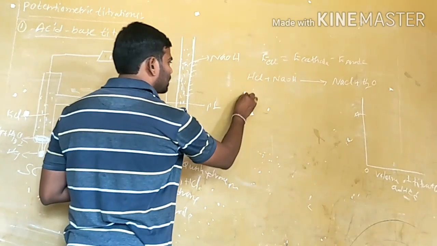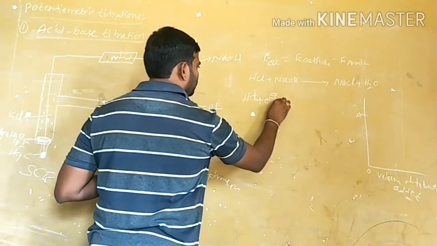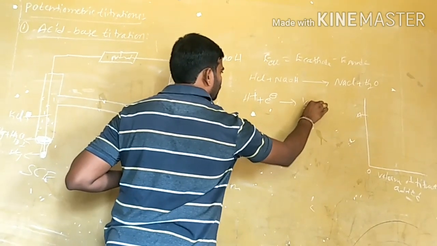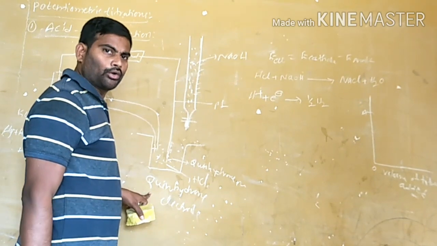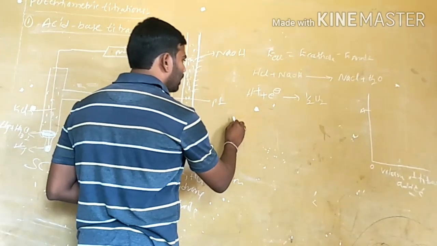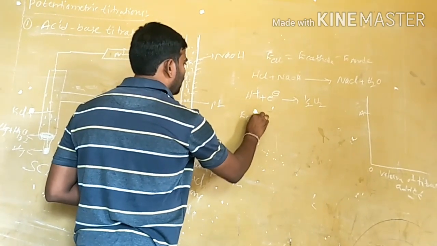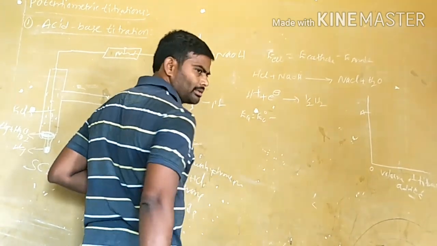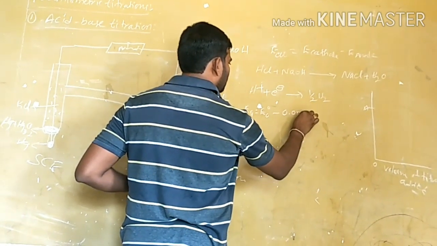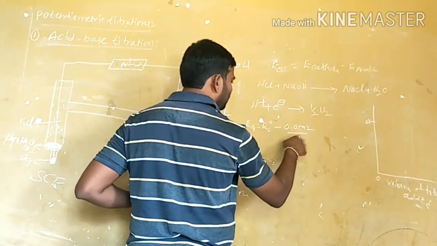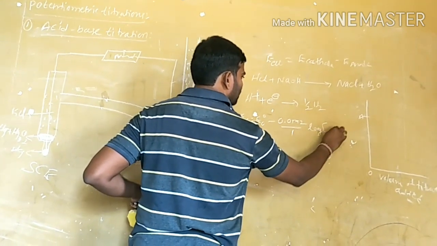At cathode, what reaction takes place? H plus ions, by gaining electrons, are converted into H2. This reduction reaction is possible at the quinhydron electrode. This quinhydron electrode potential value is EQ is equal to E naught Q minus 0.0592 by n log concentration of products by concentration of reactants.